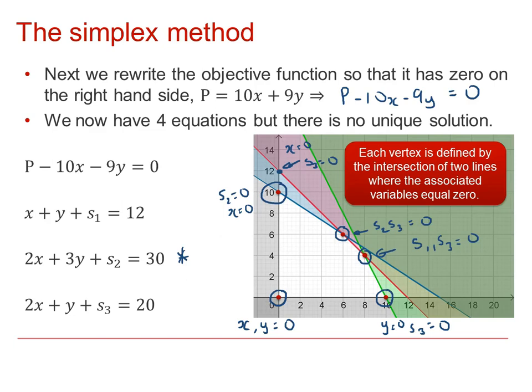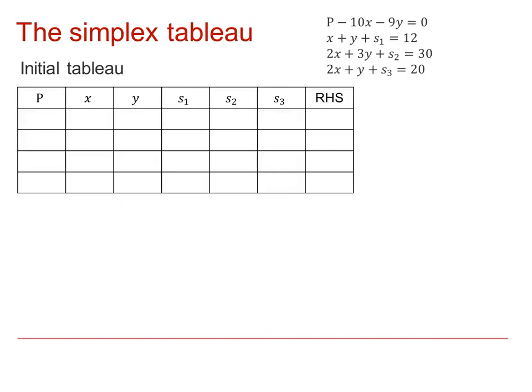To use the simplex method, however, we don't actually need to consider the graph, and what we do first of all is to put all of these equations into a table. So this is what is called the Simplex Tableau, and you can see along the top we have the different variables p, x, y, s1, s2 and s3.